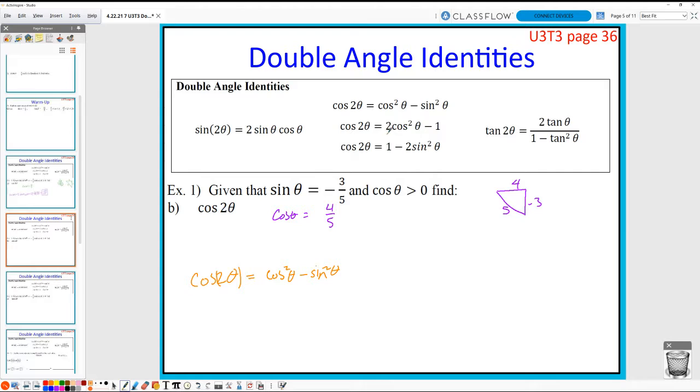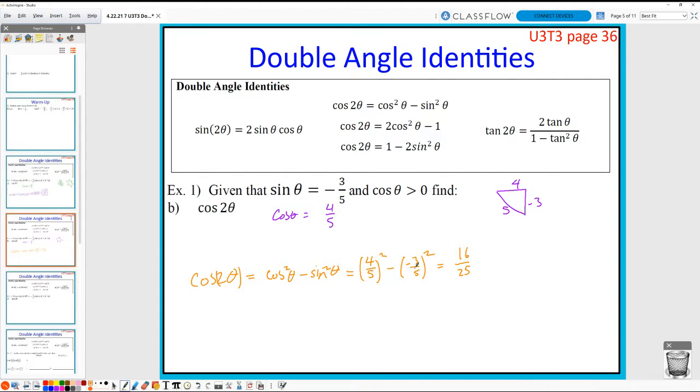For the other two, 2 cosine squared theta minus 1 and 1 minus 2 sine squared theta, you have to first change your 1 to a common denominator, which obviously is not difficult. But whatever you like most. Cosine squared is going to be 4/5 squared. Sine is going to be negative 3/5 squared. Now, be careful. I don't know how many of you are making this mistake.